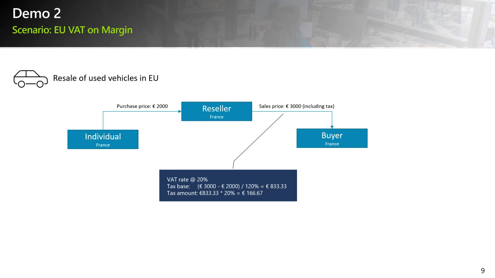The tax base of the VAT charged in this transaction shall be 3,000 euro less 2,000 euro divided by 120%, which equals 833.33 euro. And the actual VAT amount shall be 166.67 euro. Now let's switch to the demo and see how this scenario works in the system.